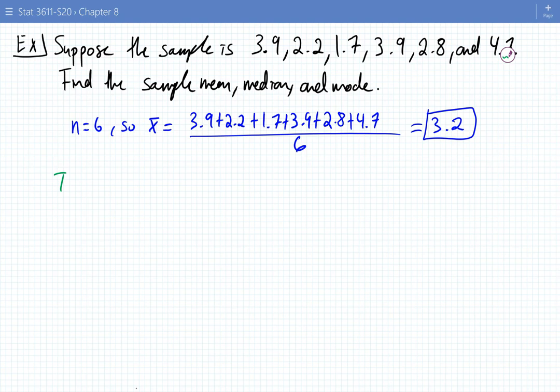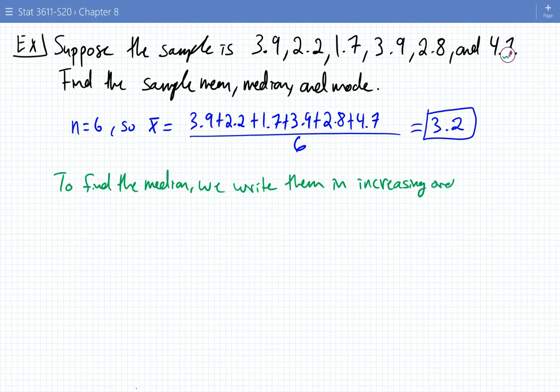Let's take a look next. How about the median? To find the median, we need to rank them in ascending order. We write our observations here, write them in increasing order. So what do we have?